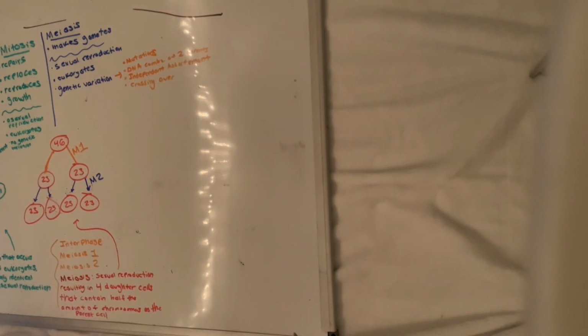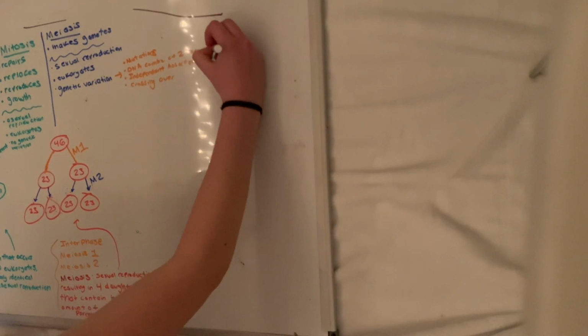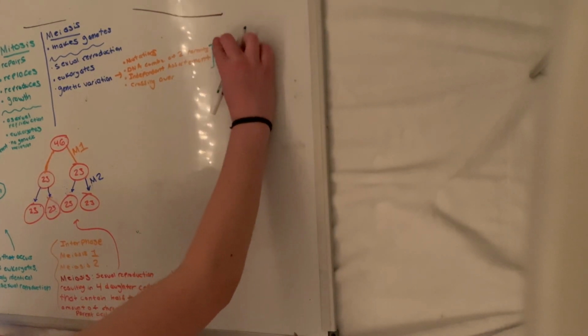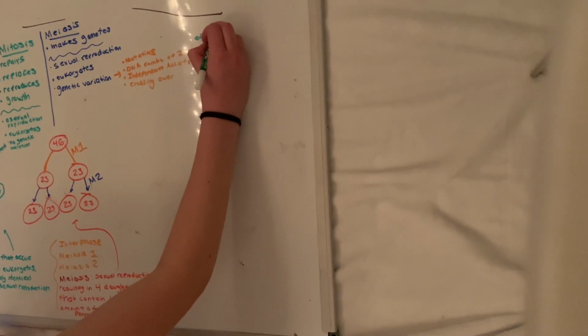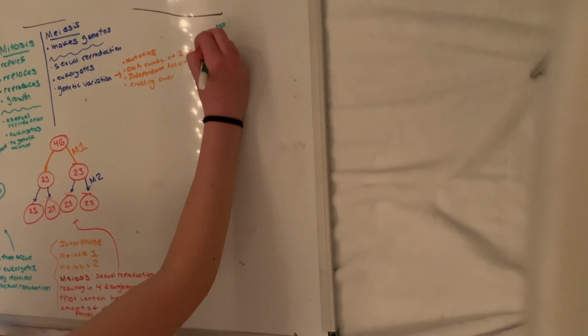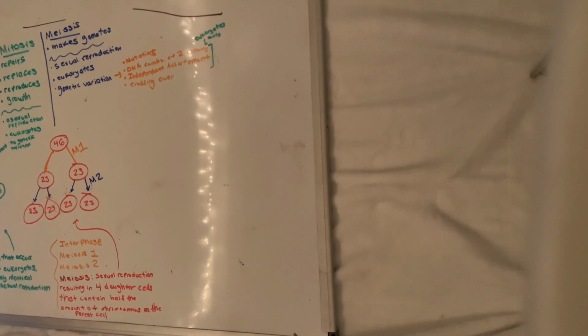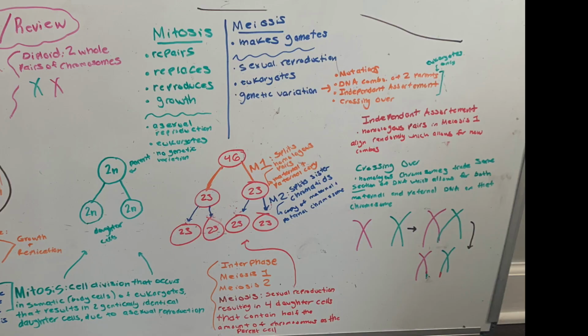And then we have independent assortment and crossing over, so we'll really focus on those last 2. And all of these ways that the organism and offspring can become genetically different happens in eukaryotes specifically, except for the mutations.